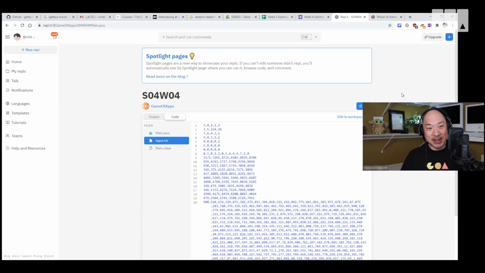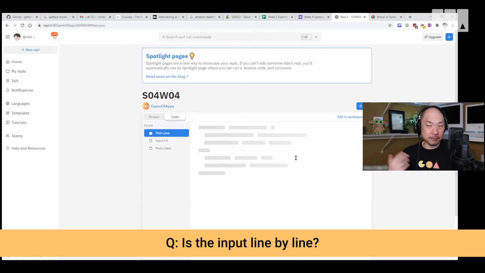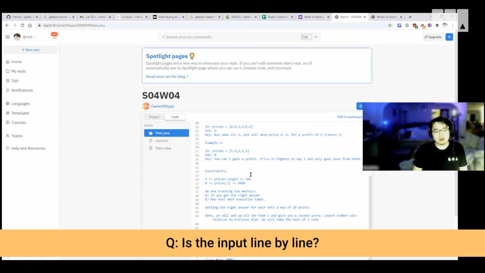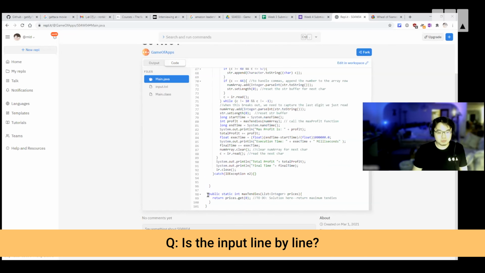Ali is asking, I might have missed it, but is the input line by line? Yeah, it's line by line, but the code that says do not touch takes care of reading all that. You don't need to worry about the input at all. All you need to really worry about is the calculation of the maximum profit that you can get, okay?